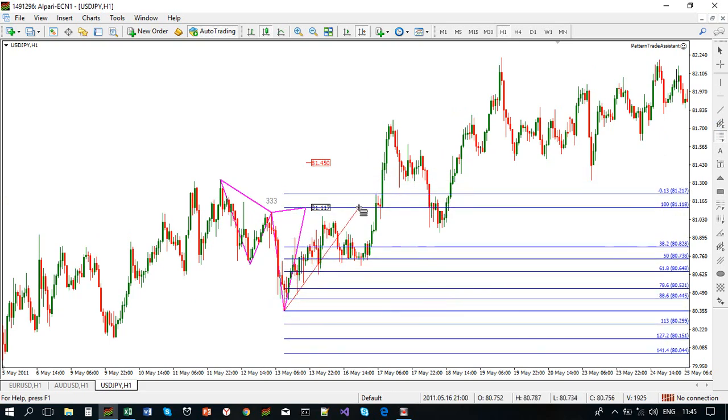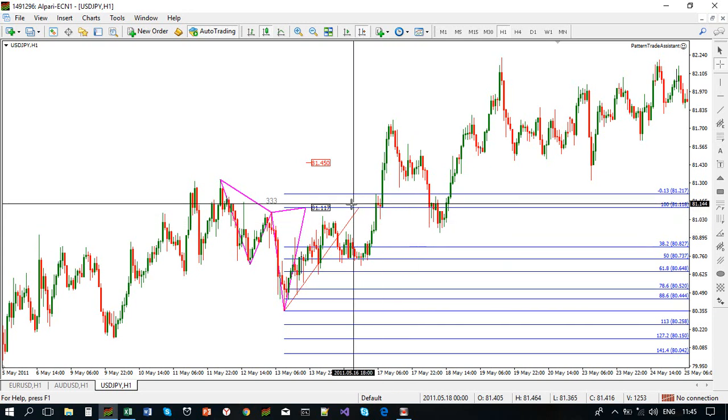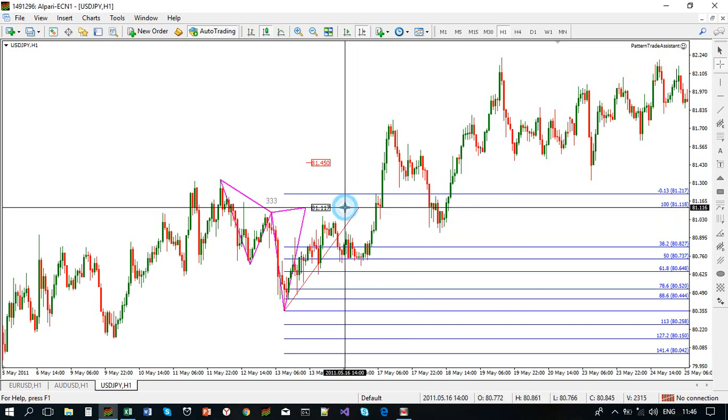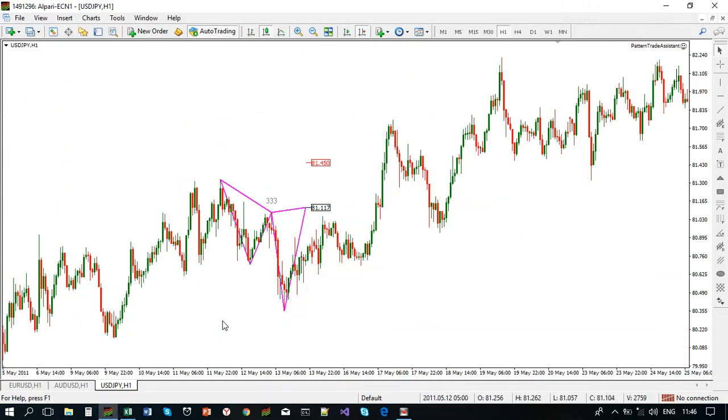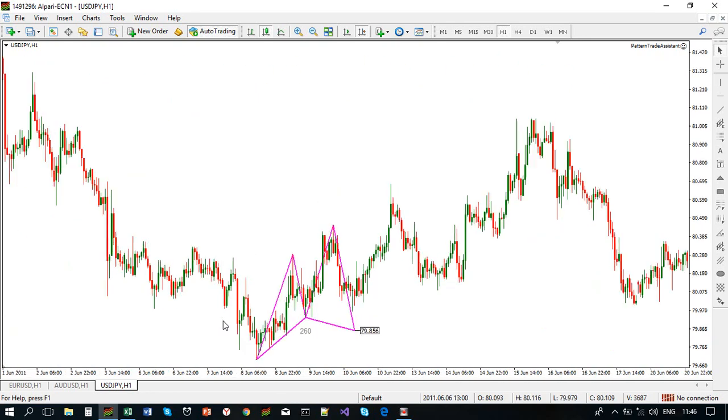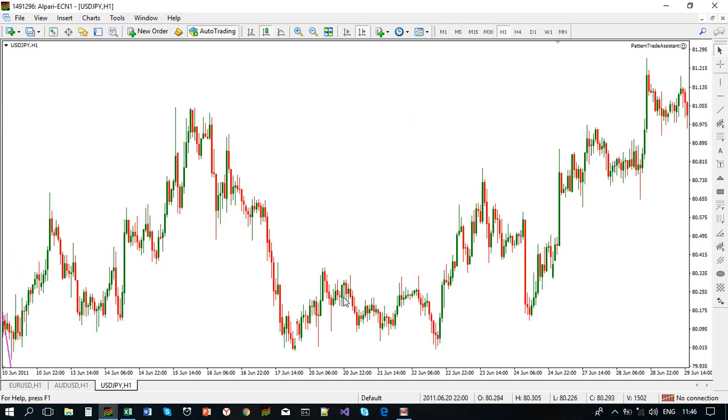Okay, this was a loss, and look at this. 28.9, 33.3, and it equals minus 33.3. Okay, now we have 100 trades. Okay, invalidated.